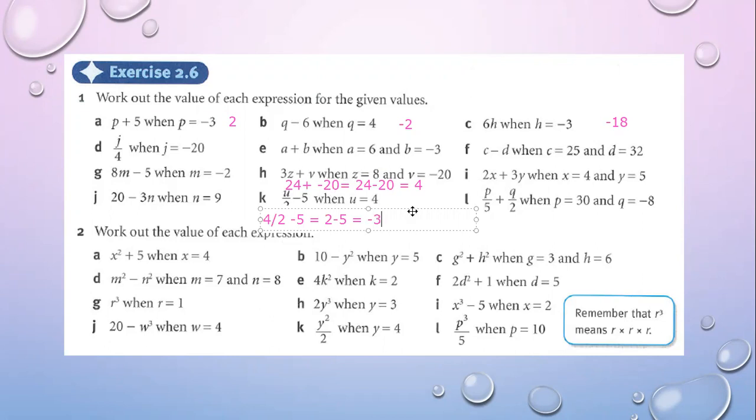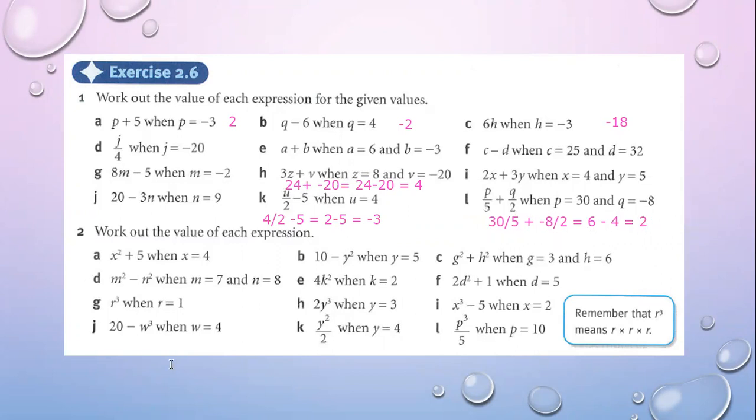Here we have a new one: p is 30 divided by 5, plus q is minus 8 divided by 2. So 30 divided by 5 is 6, and minus 8 divided by 2 is minus 4, so 6 minus 4 is equal to 2. So here are your answers.